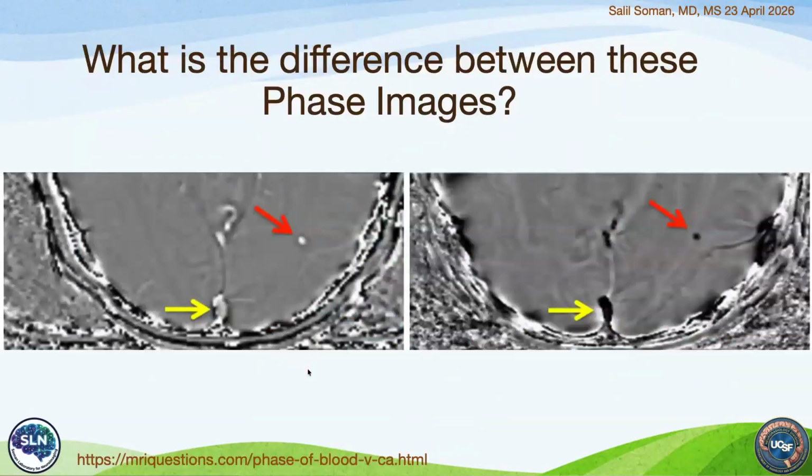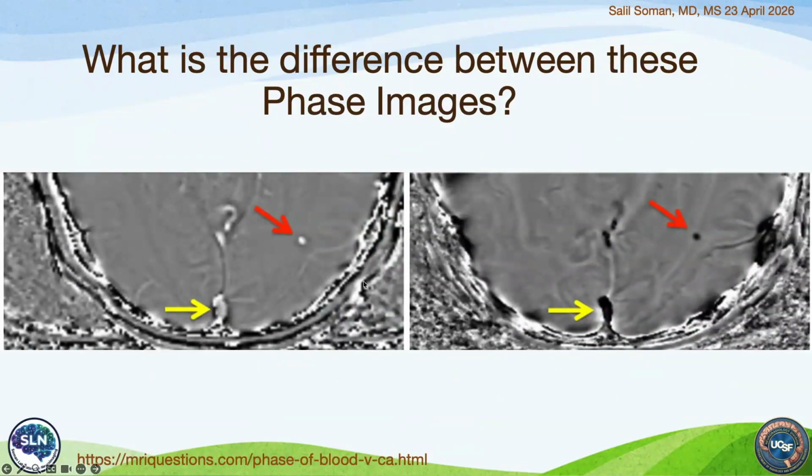One of the challenges with SWI that I'm sure most clinicians on the call have dealt with is, if you're trying to figure out blood or calcium and you're looking at the filtered phase maps, that's these images you're seeing here. This is the exact same person, exact same scan data, but it's made in these 2 different ways. You can see that the vein looks bright on this one and dark on this one.